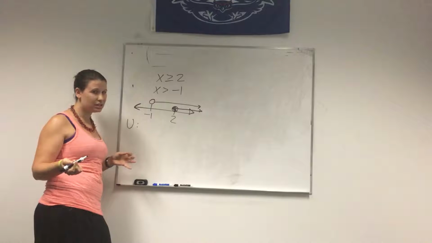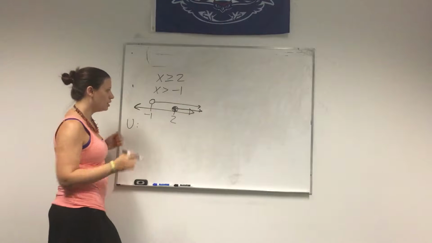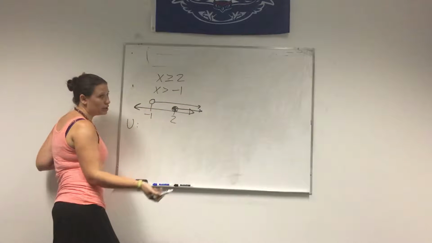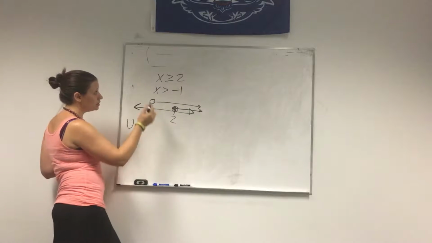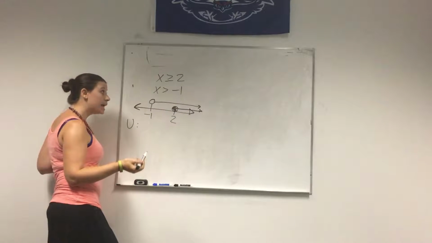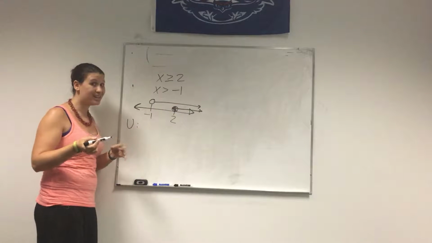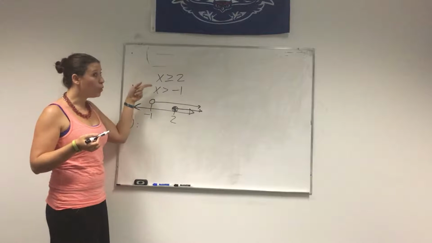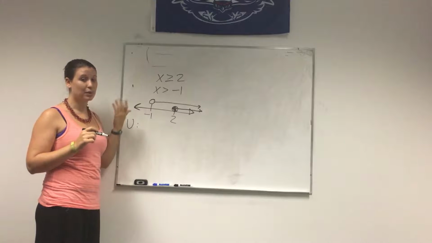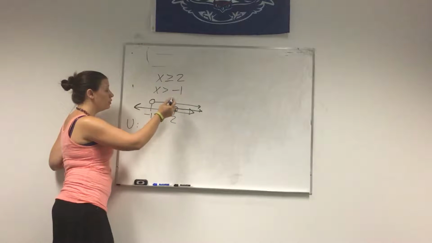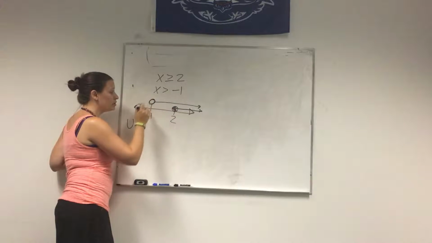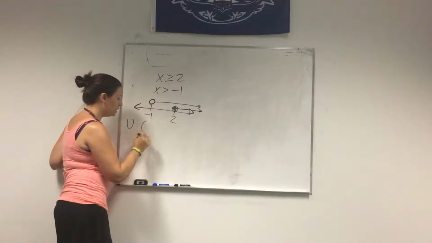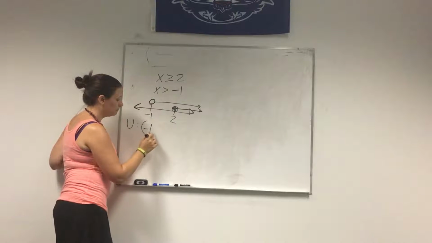So -1 truly doesn't work in either set. What about 0? Is 0 greater than or equal to 2? No. Is 0 greater than -1? Yes. So that means 0 is in the union because it worked in the first or the second group, right? Remember that or.